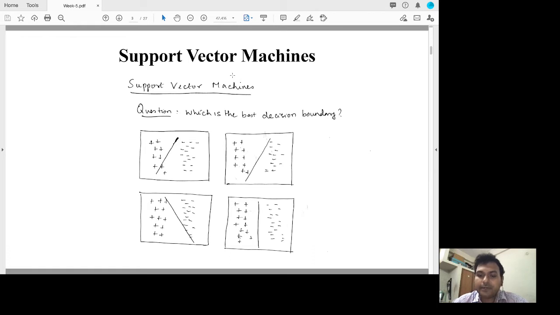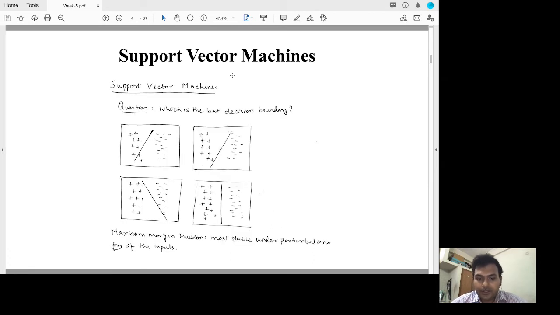So basically, the maximum margin solution is most stable under perturbations of the inputs. In the second and the third diagram, the line is passing very close to some of the training points, but those training points themselves may be spurious. They might have been there because of noise, and because of some training points you are changing your decision boundary, and therefore your method is not robust to noise.